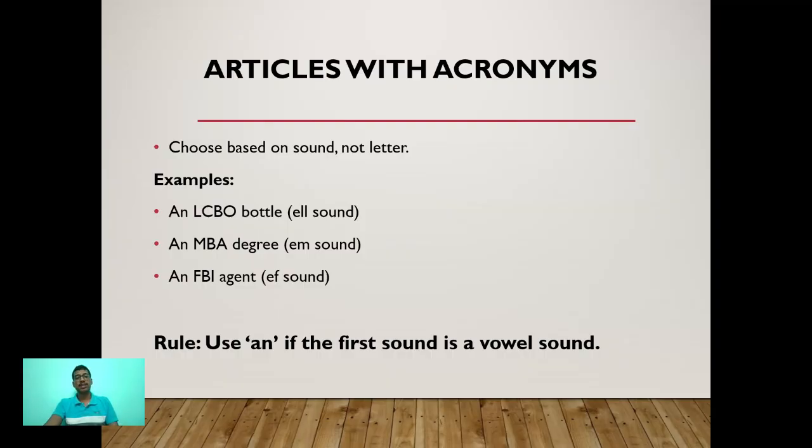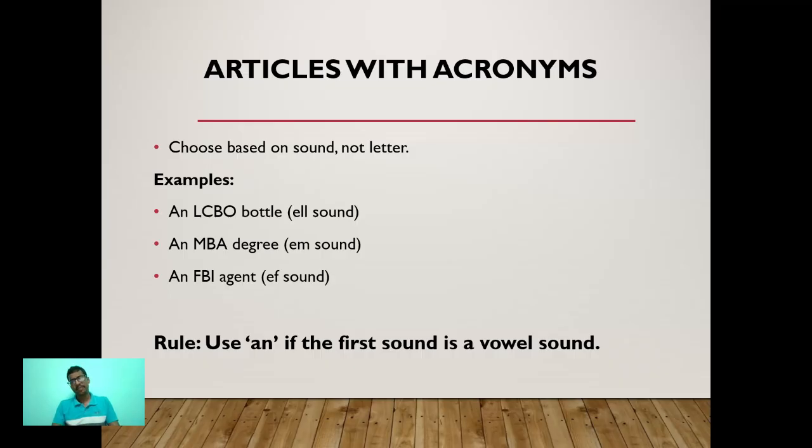So it's called an MBA degree. FBI: the letter F is a consonant letter, but here the sound is a vowel sound, an FBI agent. So if the first sound is a vowel sound, please be aware of the acronyms.